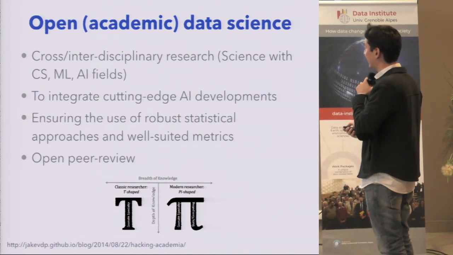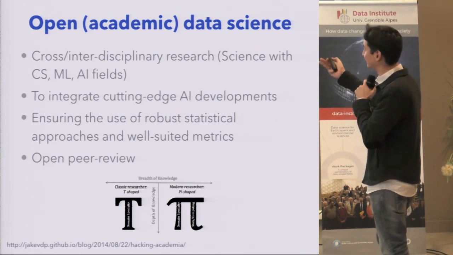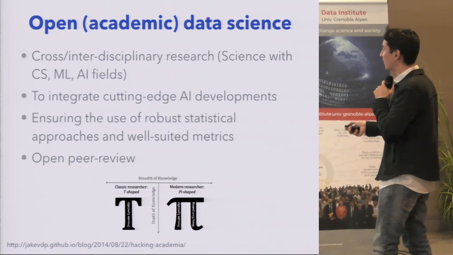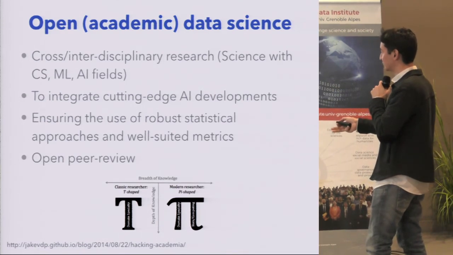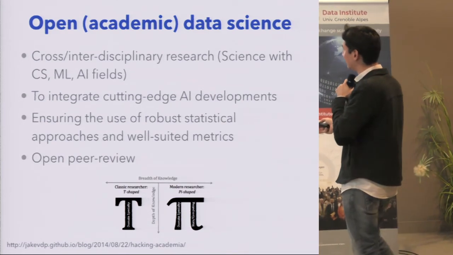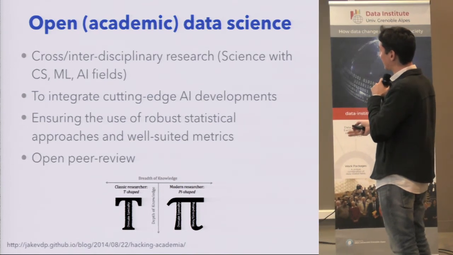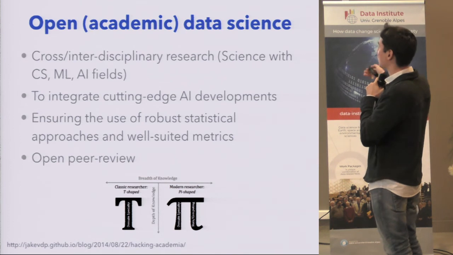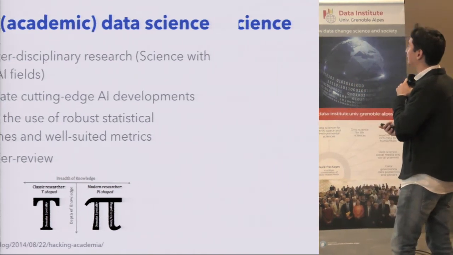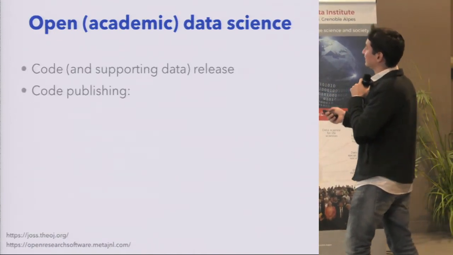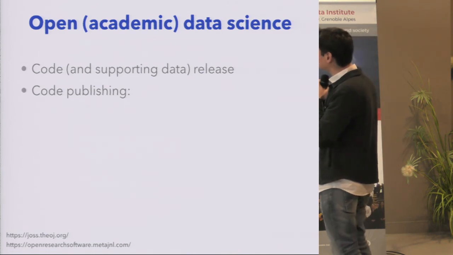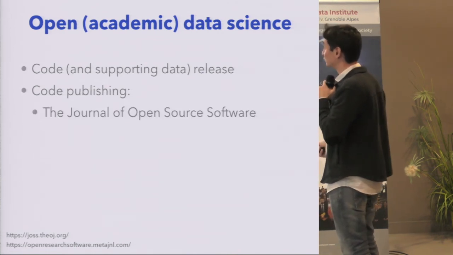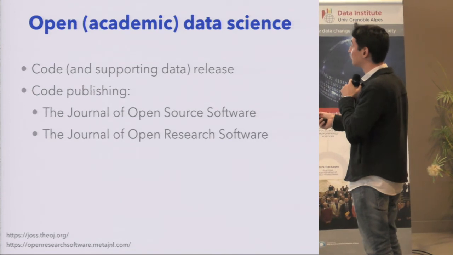Ultimately, the idea is that we need more of these pie-shaped researchers, right? In a classic T-shaped researcher, you have a well-developed branch, which is the domain specialty. But in the pie-shaped, you have this domain knowledge, but also the stats and computing, right? And then it's about releasing code and supporting data, really important. Publishing code.